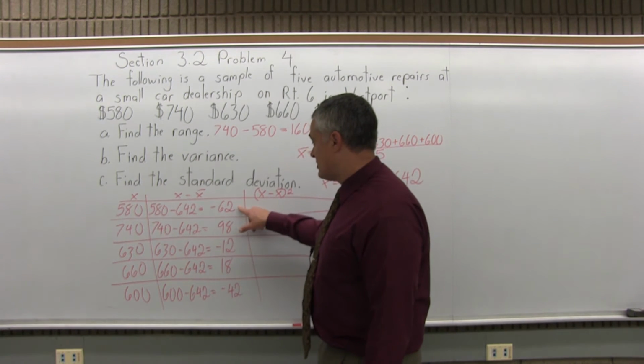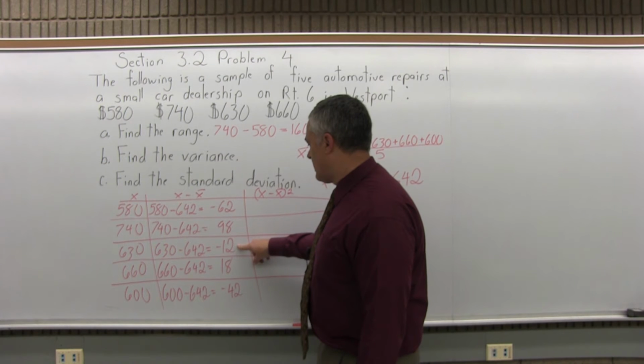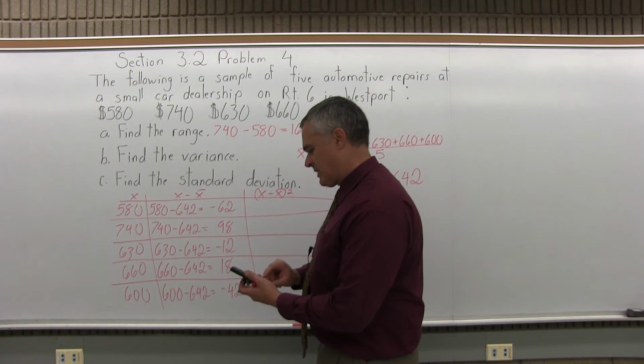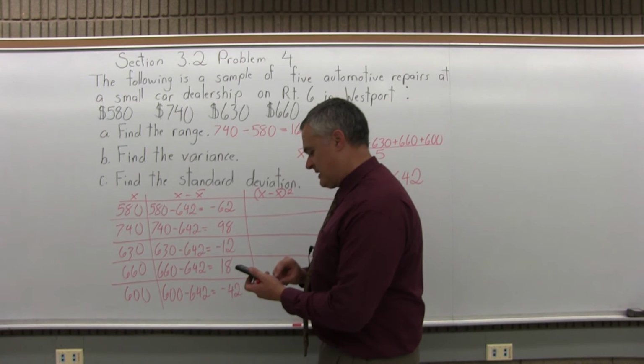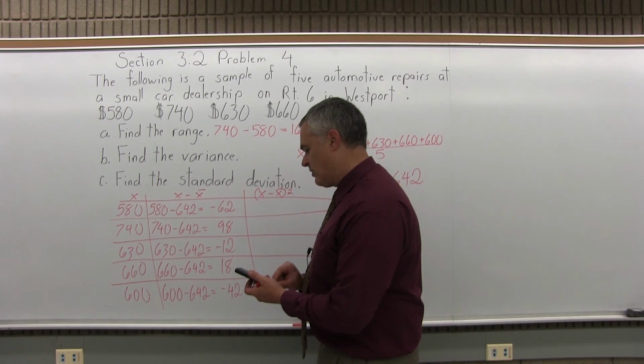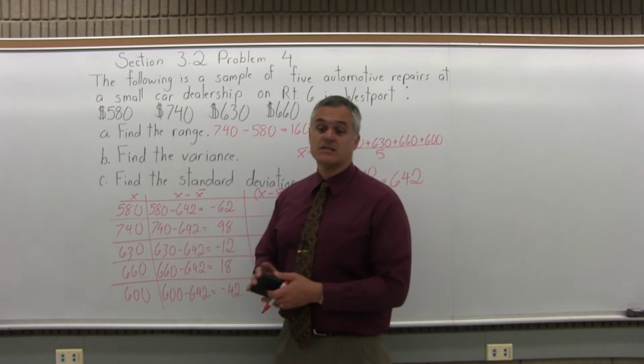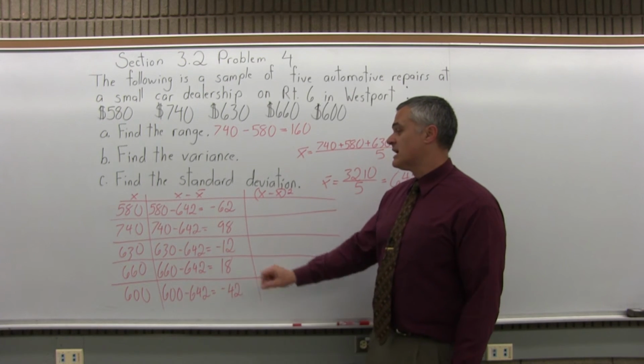Well, the negative 62, 42, I can see is 104. And that's negative 116. I better check it. 98 plus 18. It's 116 positive. And then the negatives, negative 62, negative 12, negative 42 is the same, negative 116. So it does total to 0, which is a good sign.